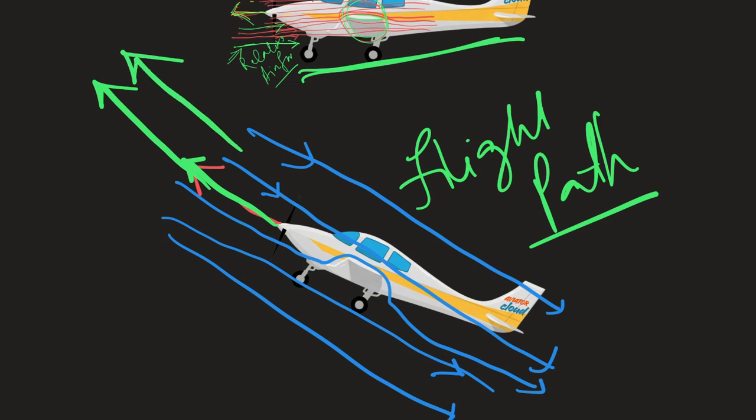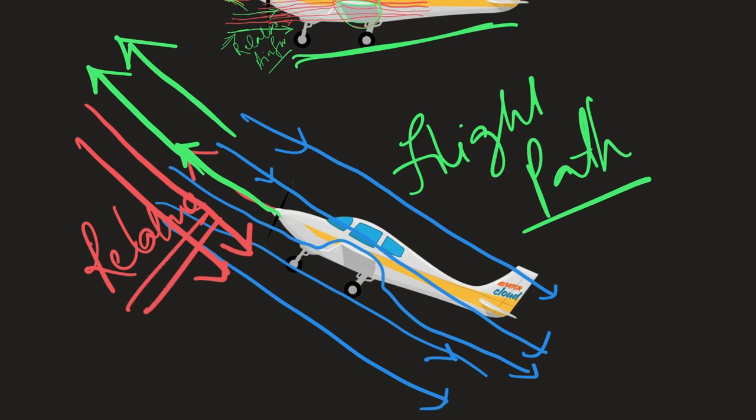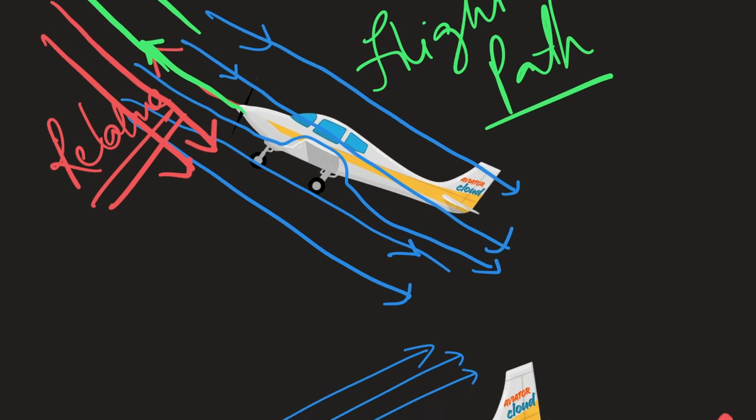Attitude is also upward. So the relative airflow will be opposite of the flight path. Here is the relative airflow. Relative airflow is always opposite of the flight path, the direction the aircraft is moving.